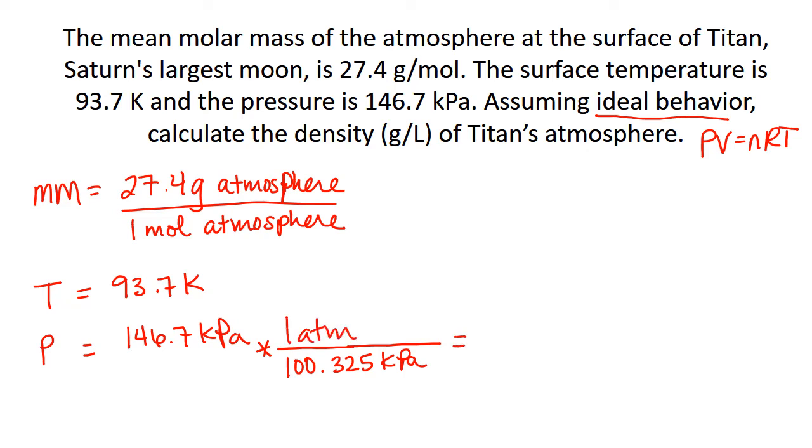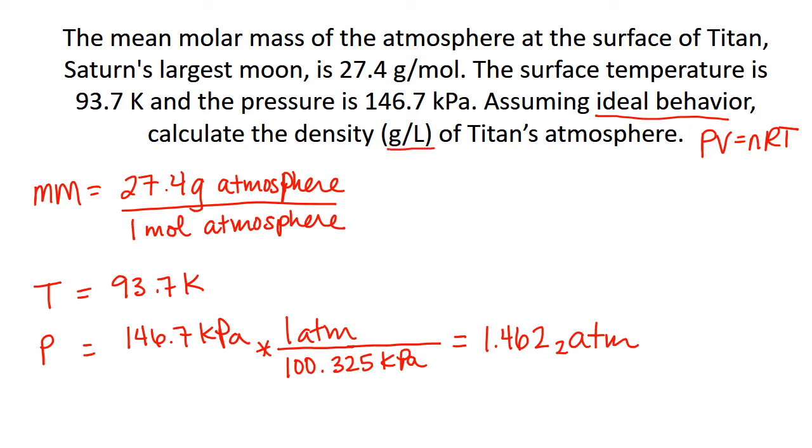And so that's going to equal 1.4622 atm. Here I've got 4 significant figures, and I write the little extra digit so that it helps me keep track of my calculations, okay?